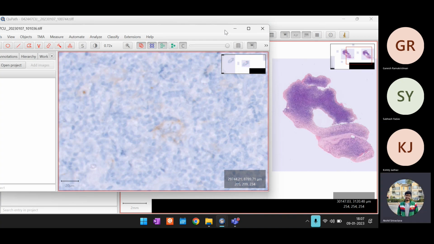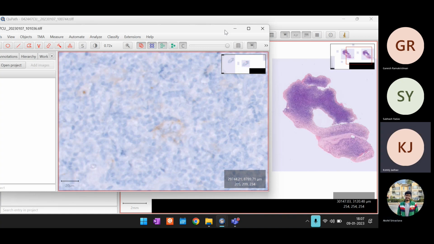Basically, first we identify the RS cells in the CD30, then we overlap the images and roughly remove the RS cells from that area, and then use clustering to identify the environments surrounding the RS cells.